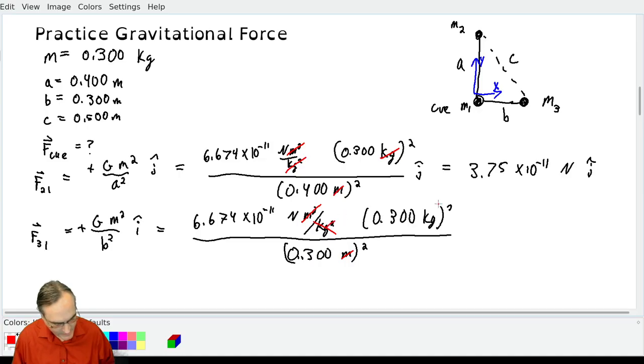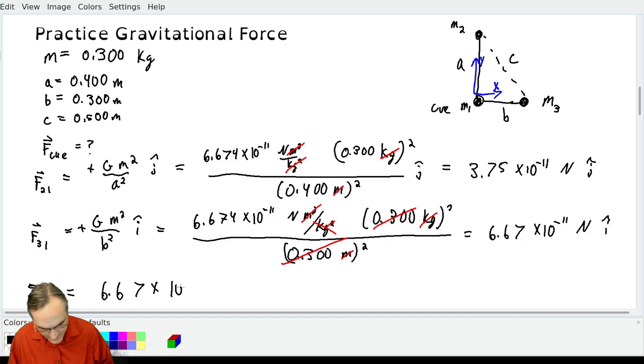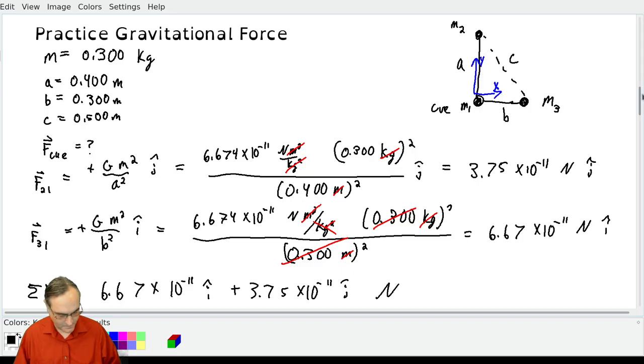The kilograms will cancel because we've got kilograms top and bottom. 0.3 squared ends up canceling. We get 6.67 times 10 to the minus 11 newtons in the i hat direction, meaning our final result on 1 is going to look like 6.67 times 10 to the minus 11 i hat plus 3.75 times 10 to the minus 11 j hat newtons.